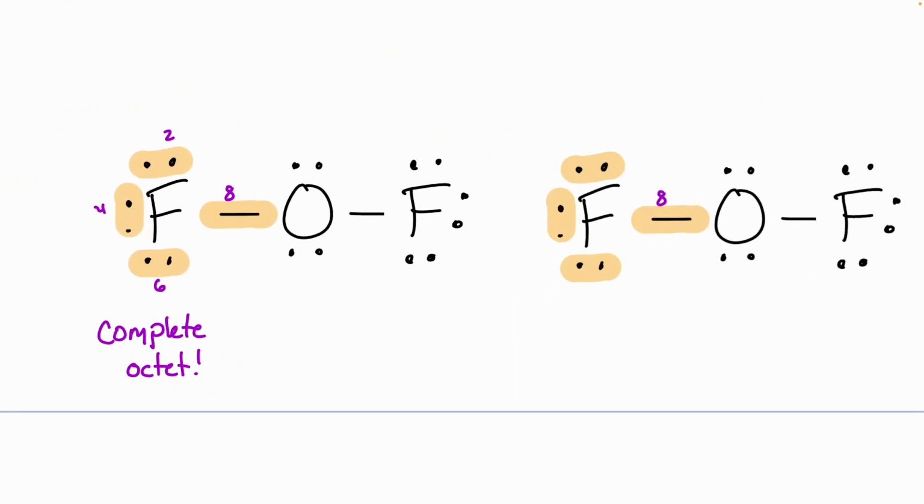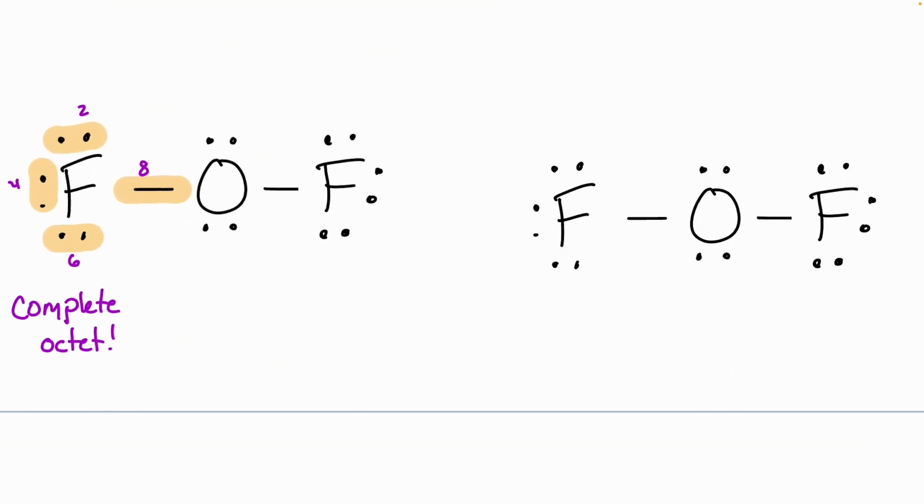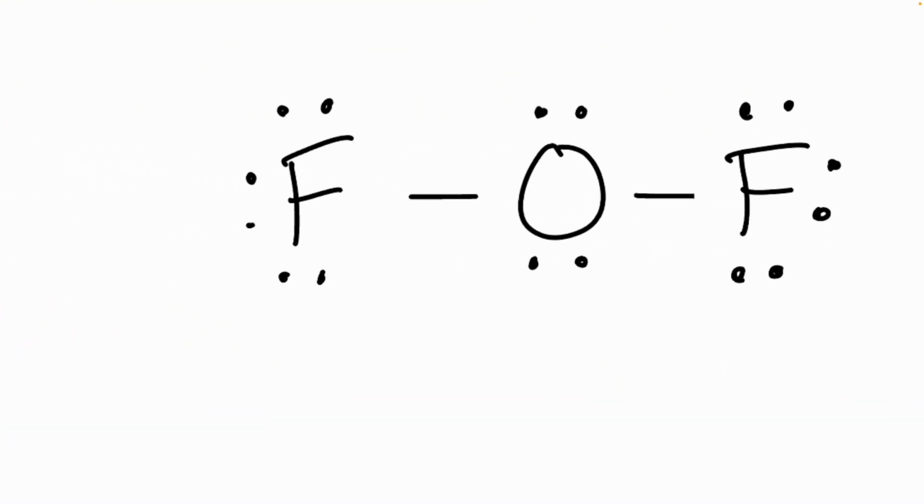So now let's look specifically at the oxygen in the middle. We said that the fluorine has a complete octet. What about the oxygen in the middle? How many electrons are associated with that oxygen? Again, it's got 2, 4 electrons in a lone pair, but it's also got these 2 bonds, so that brings it up to 6, 8.